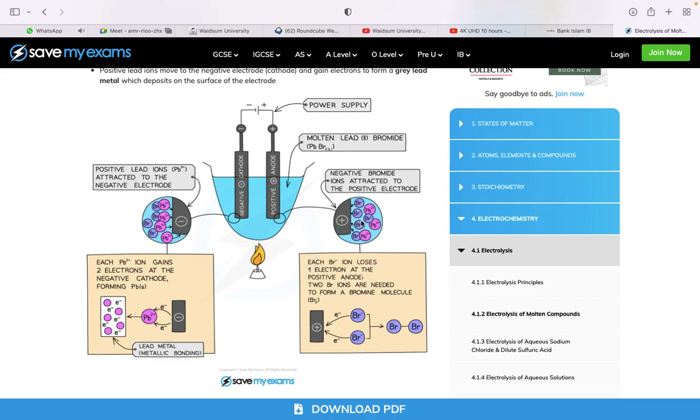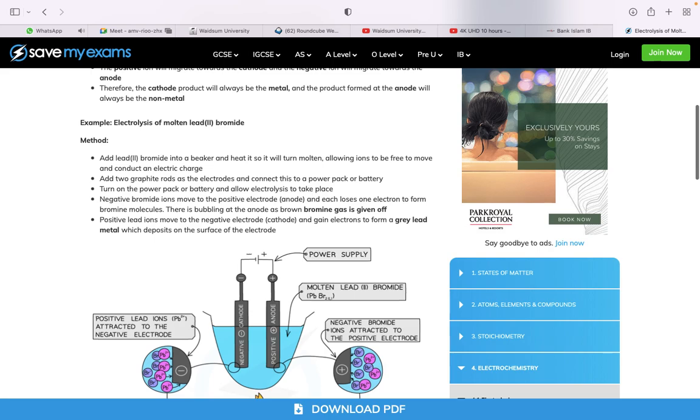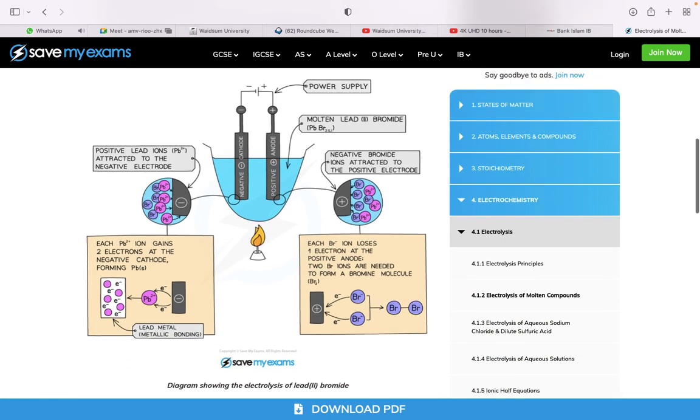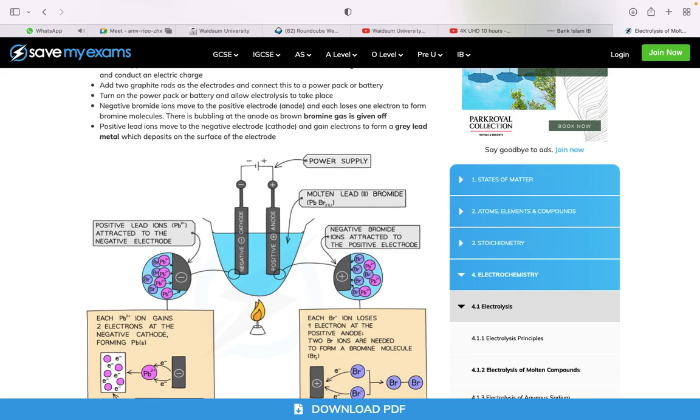While on the opposite side, each bromine ion will lose 1 electron, and we need 2 to lose 2 in order to become a bromine molecule. Okay, so that's what is happening in this electrolysis. So at the end of the day, what will you have at your anode and at your cathode? A bromine gas will be formed at the anode.